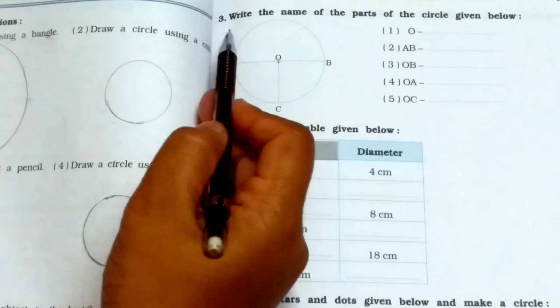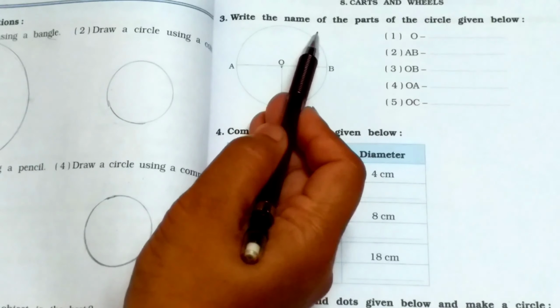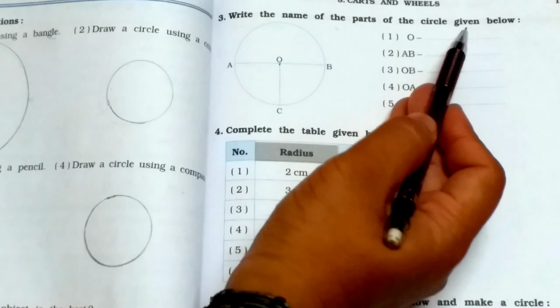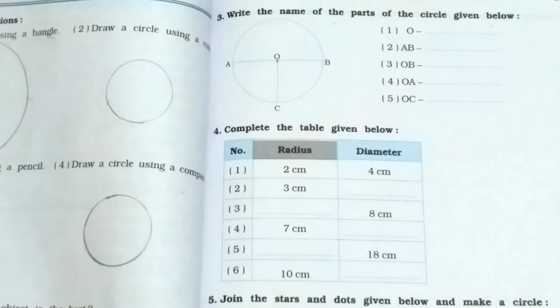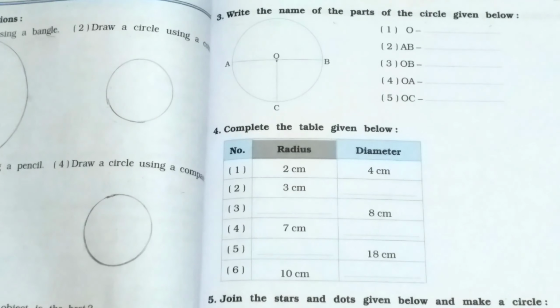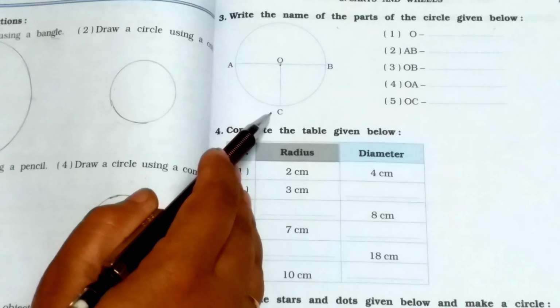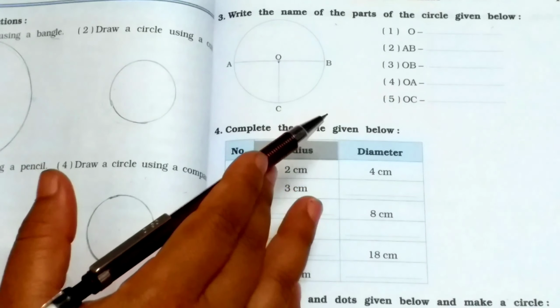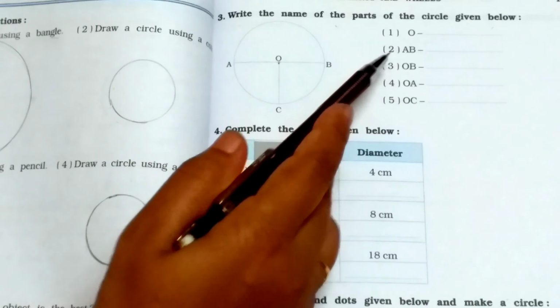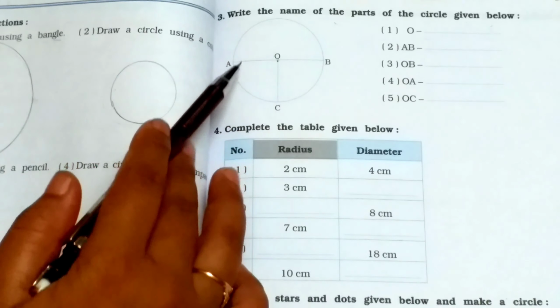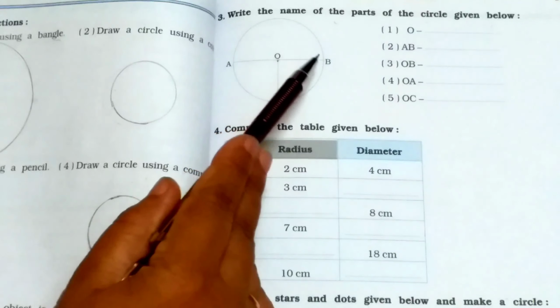See, main 3. Write the names of the parts of the circle given below. In the previous video I discussed the parts of the circle: first of all the center, then radius, diameter and chord. Today from this figure we have to identify which part is which.